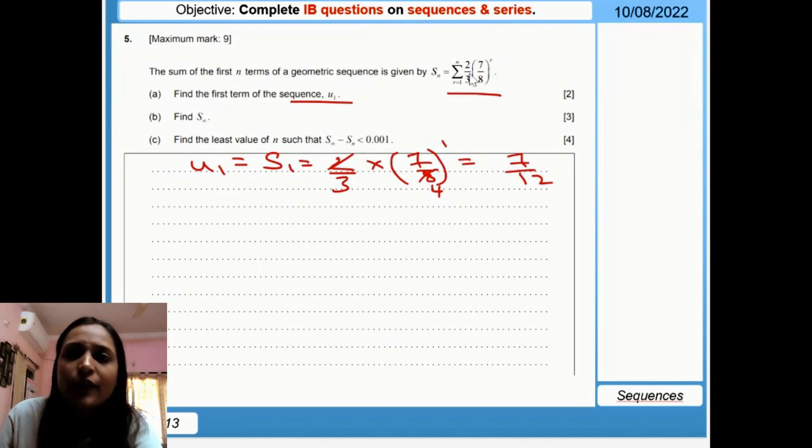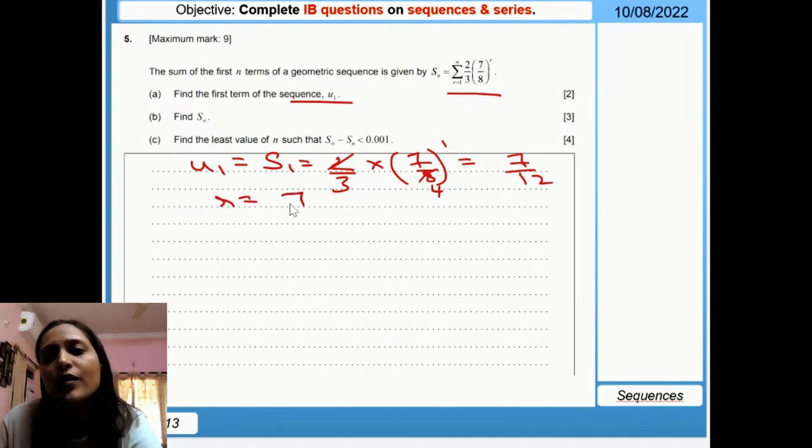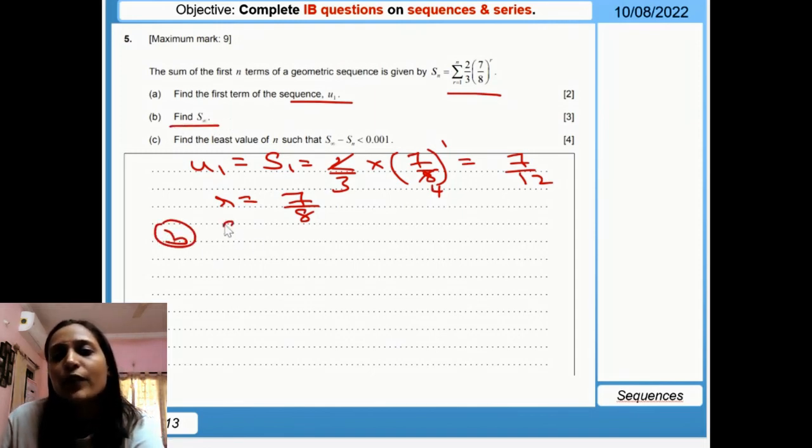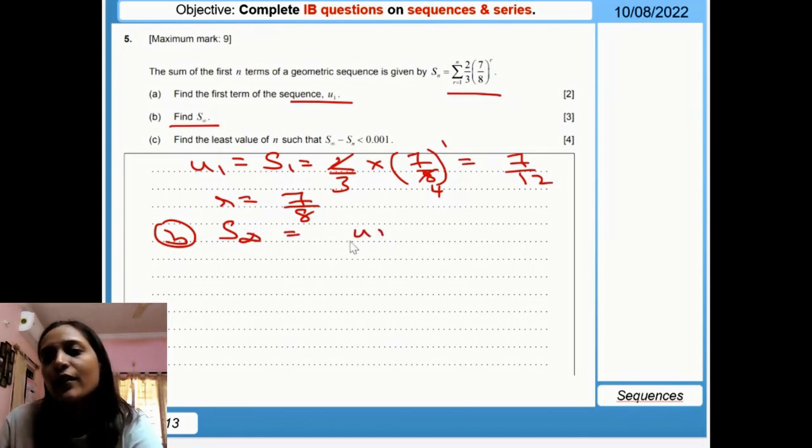Now, if you look carefully in the sigma notation, every term is getting multiplied by 7 by 8. So the common ratio of this geometric sequence is going to be 7 by 8. Now, the next thing we need to do for the B part is figure out the value of the sum of infinite terms. That is given by the formula u1 by 1 minus r.